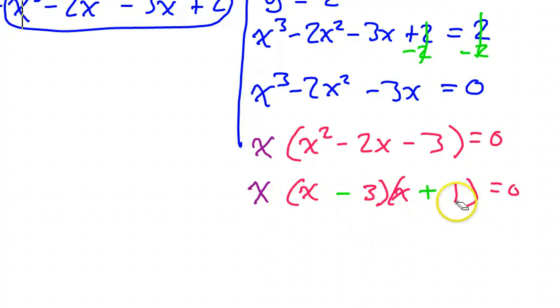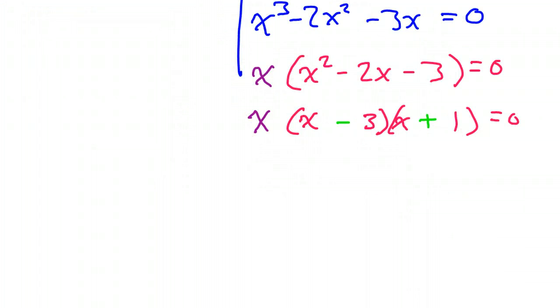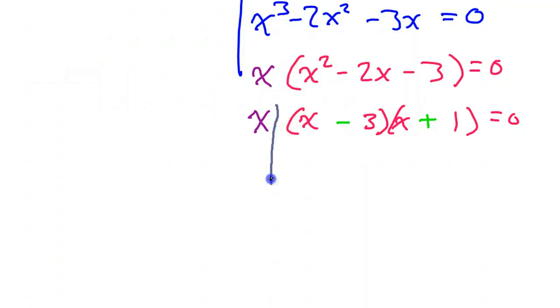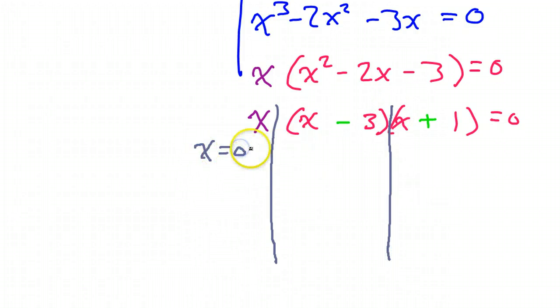Okay, so to solve it though, we need to set each of these factors equal to 0. So let's do that. All 3 of these factors can be set equal to 0. So over here I'm going to have x equals 0. Alright, that's 1 x value.